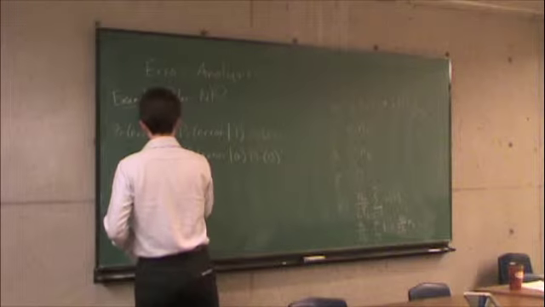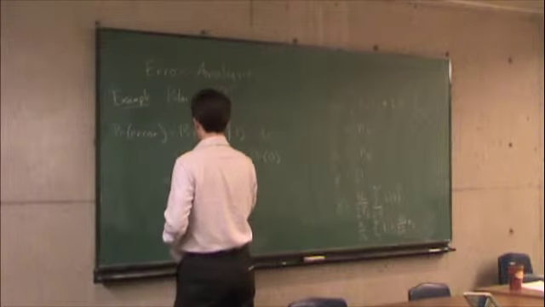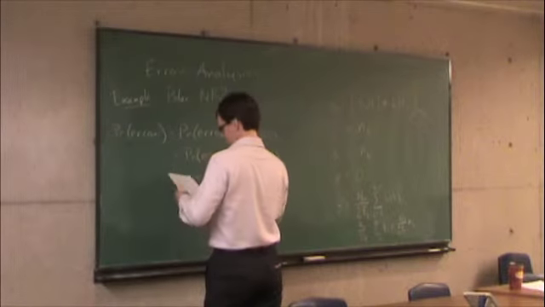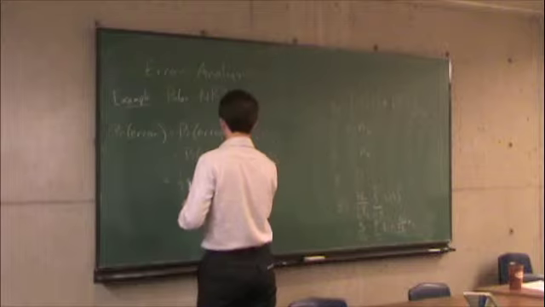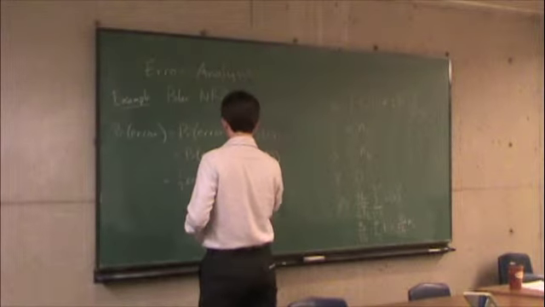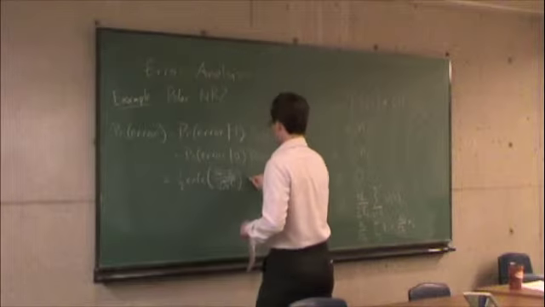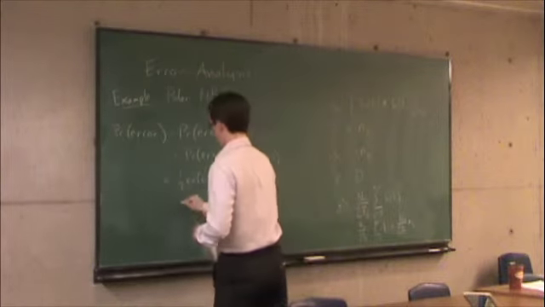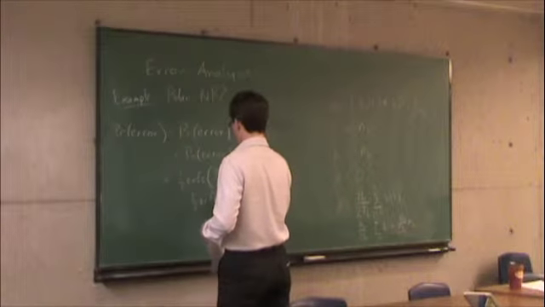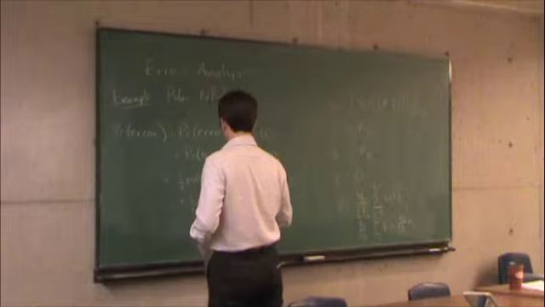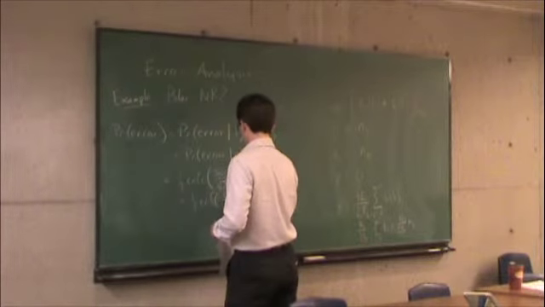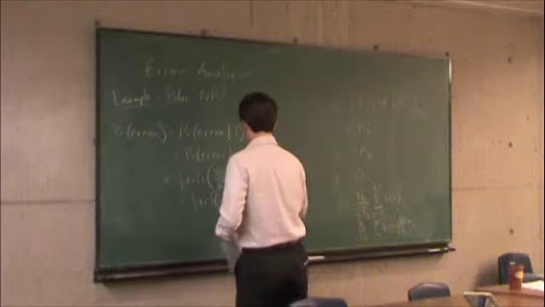This is equal to, as I said, 1/2 erfc of S0 minus Z divided by root 2 sigma squared, times probability of 1, plus 1/2 erfc of Z minus S1 over root 2 sigma squared, times probability of 0.